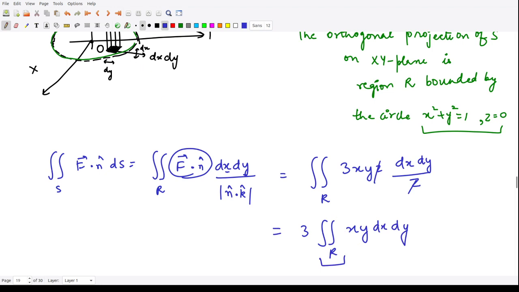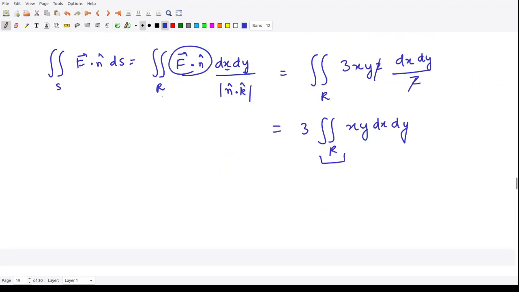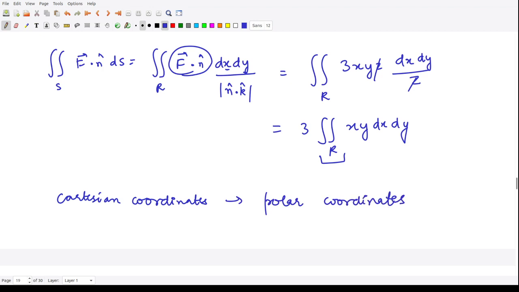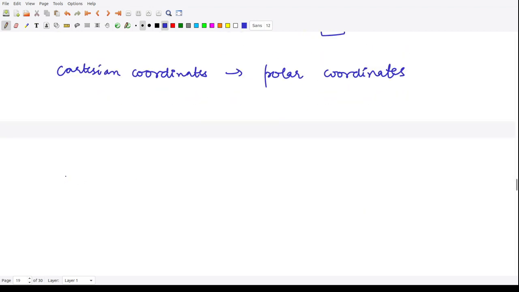So the limits here would be for the given sphere. Because we are given a sphere, we can shift from the Cartesian coordinates to the polar coordinates. Why? Because the calculations would be easier if we shift to these polar coordinates. And do you know the relationship between them?